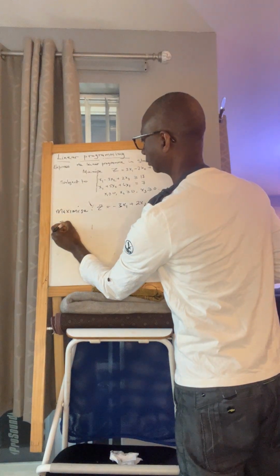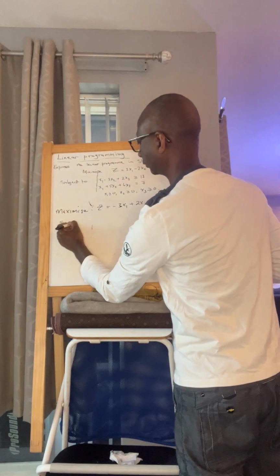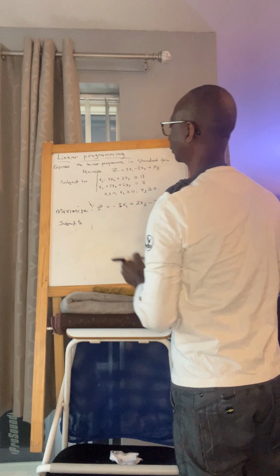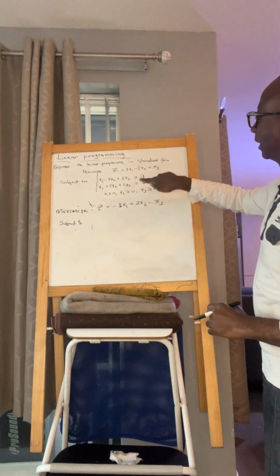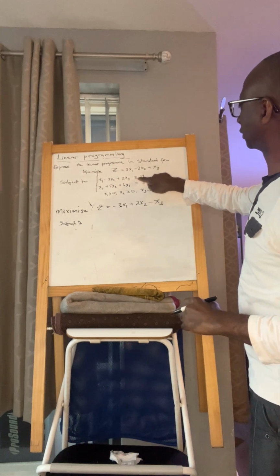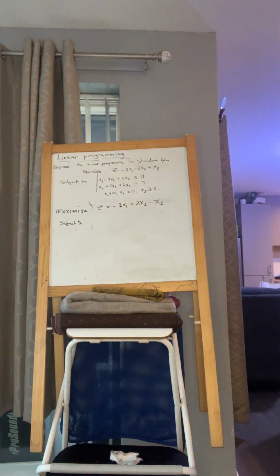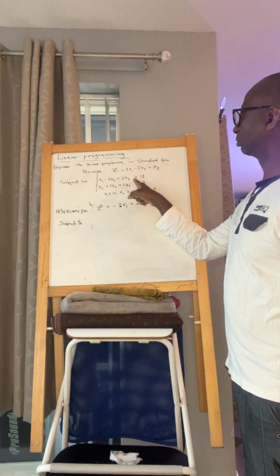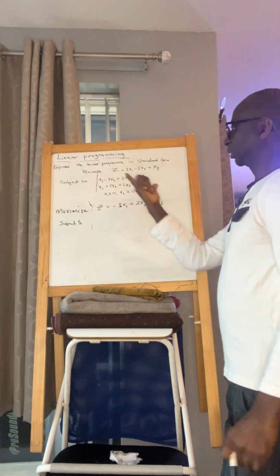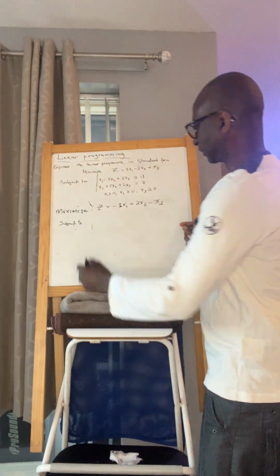Subject to. Now, here we're going to change this sign as I explained to you earlier on. So how do you change this sign to become less than? We're going to multiply everything again by minus 1.